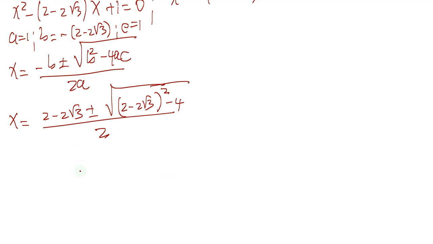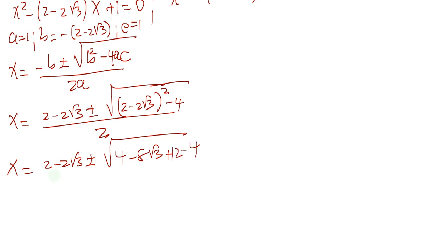It's just a matter of doing this calculation here. Simplifying this, we're going to have 4 plus 8 square root of 3 plus 12, and then minus 4, all divided by 2.